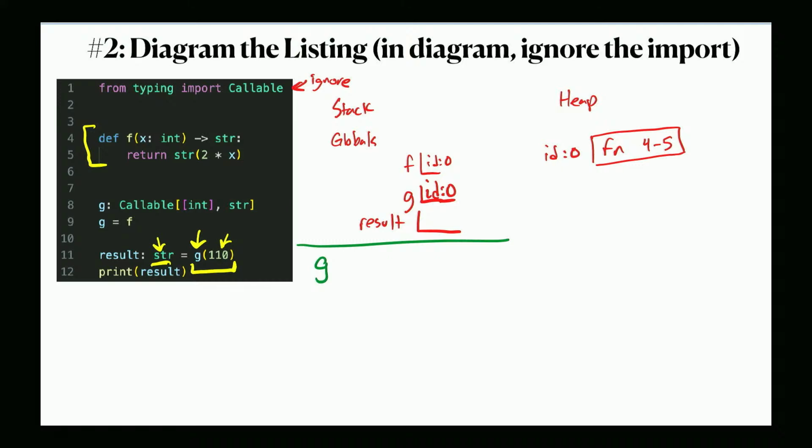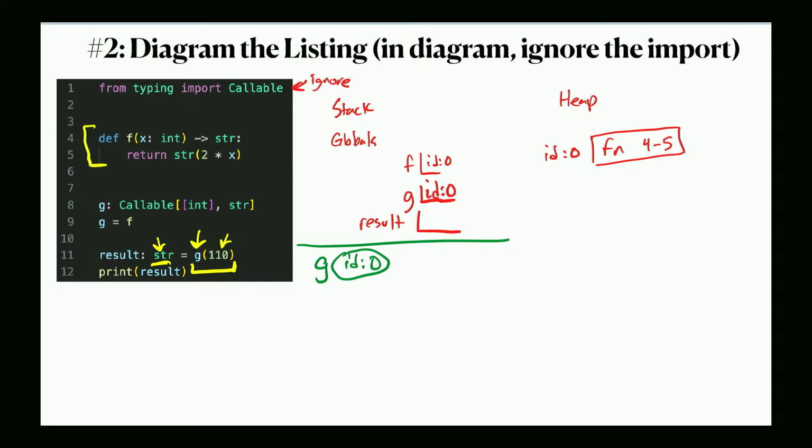But now that we're dealing with having multiple names referring to one function definition, I actually think it's helpful to, in a circle or a box beside this, just record that the ID of the function that we're calling here for g is actually 0, so that we know which function definition we're talking about. Because later on, if we reassign g to be some other function that satisfied this callable, we wouldn't know which one we were talking about, but here we know that we're talking specifically about ID 0. It's the function defined on lines 4 through 5.